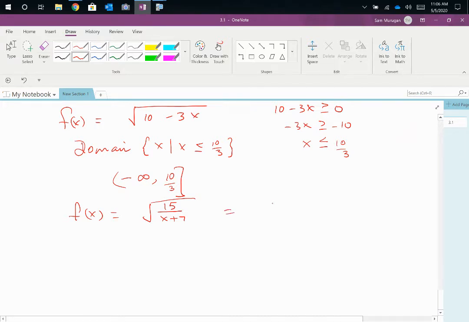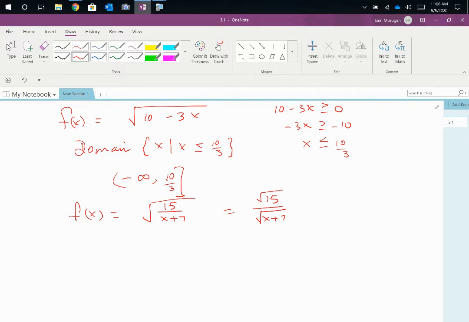So we use the property of square roots to split it into two separate square roots. And we're interested in the denominator. Although we cannot take the square root of a negative number, we can take the square root of 0.